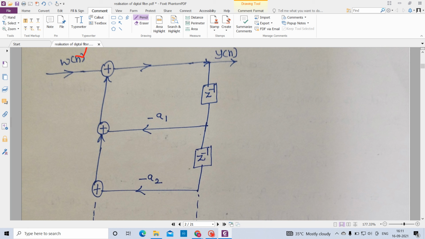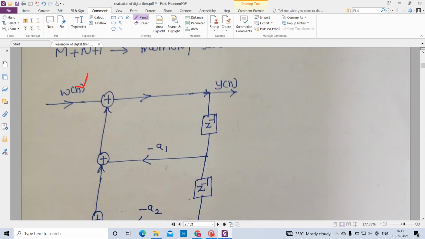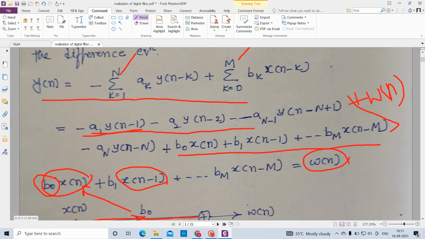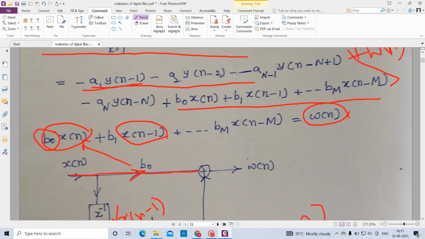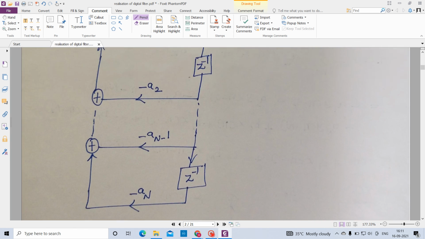Similarly, plus y of n minus 2. Here I have two delay elements. This delay element is multiplied with y of n, and it becomes y of n minus 2. That is multiplied with the coefficient minus a2. So we are writing these equations in this structure. This is the second half of the equation.